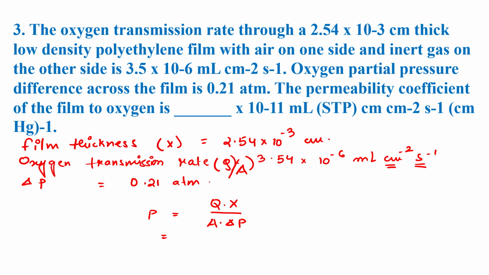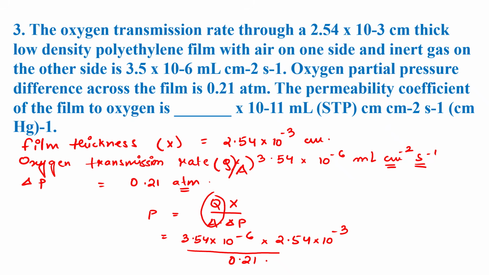Q by A, they have given the value, that is 3.54 into 10 to the power minus 6. X is 2.54 into 10 to the power minus 3, divided by the difference, that is 0.21. Okay. Over here it has been given in atmosphere. We have to convert it into centimeter.